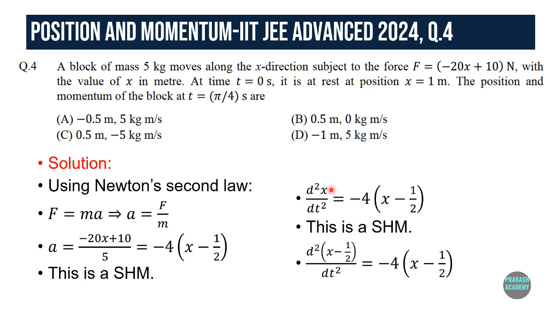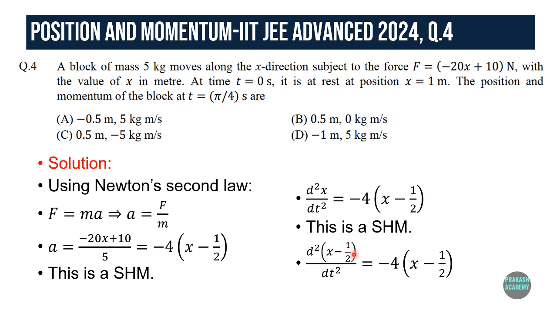We can further write, if I place x minus 1 by 2 here, it will not change the equation, because differentiation of x minus 1 by 2 is simply x. If you differentiate x minus 1 by 2 twice, this equation can be converted into this equation, because this is a constant term, and differentiation of a constant term is 0. Why am I doing this?